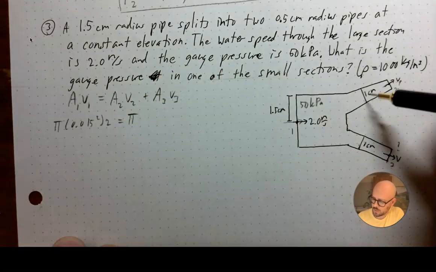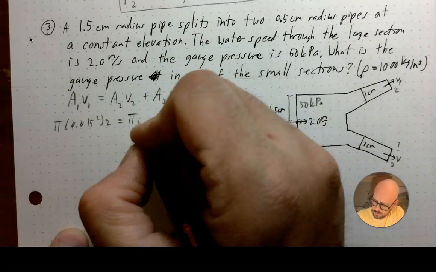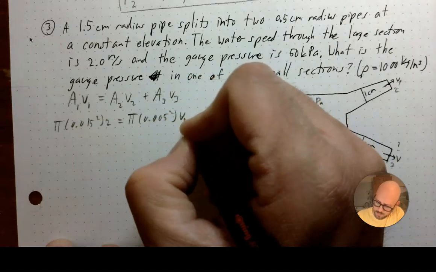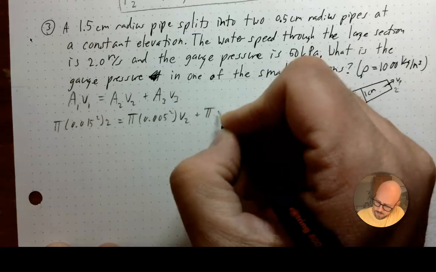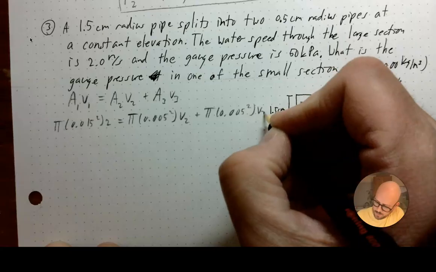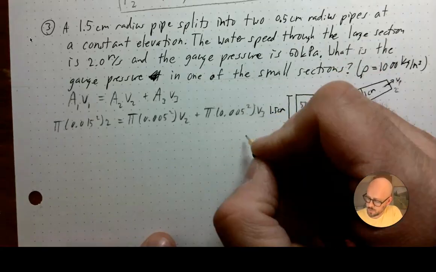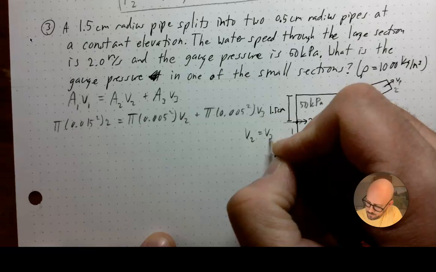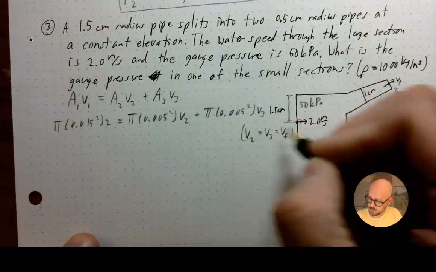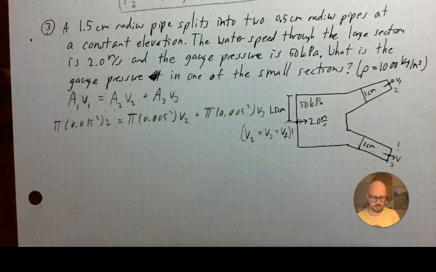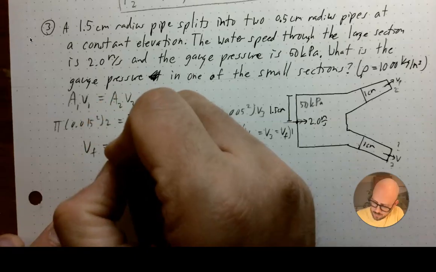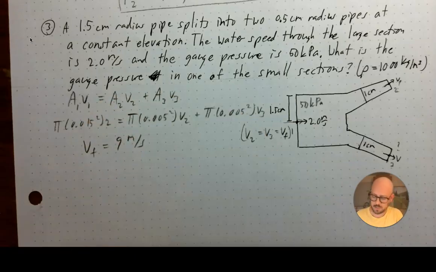So pi r squared, this is a 1 centimeter diameter, so it's going to be 0.005 squared times V2, and then pi times 0.005 squared times V3. I also want to recognize that V2 and V3 are the same. Maybe I'll just call that VF for now. Because they have the same conditions, they will have the same final speed, and so V final is going to be 9 meters per second.